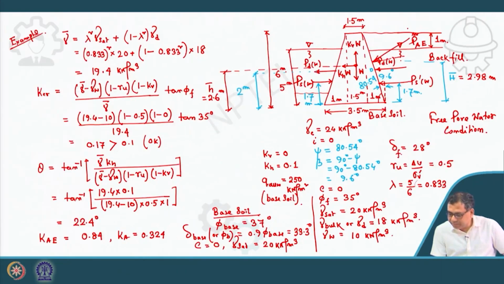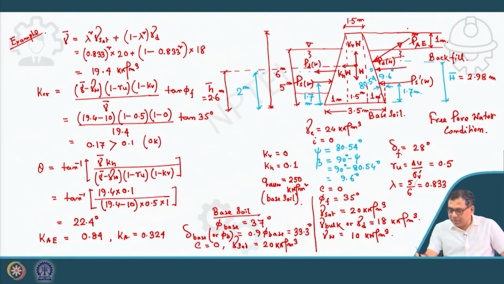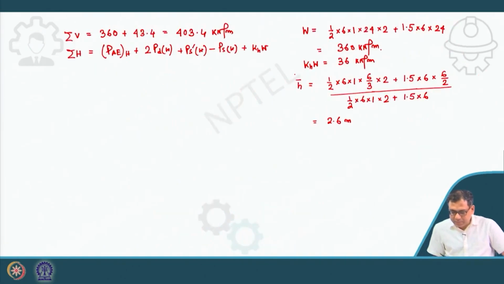Then plus KH into W, because the KVW force is 0 here, as KV is 0. So KHW I also have to add.